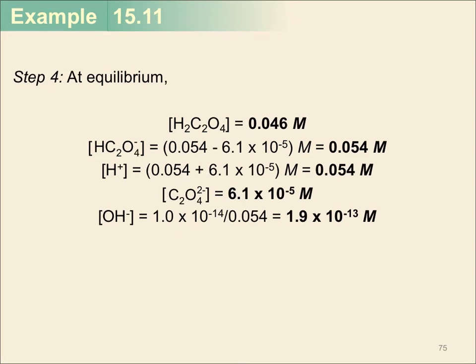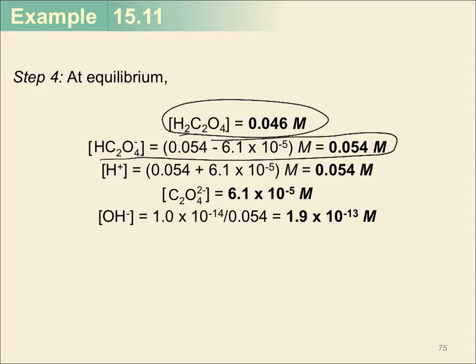So then, at equilibrium, we have our oxalic acid concentration that we found in the first step. We have our hydrogen oxalate concentration, which we found in the first step. The H plus ion concentration is 0.054 plus the 6.1 times 10 to the minus 5, or 0.054 molar.